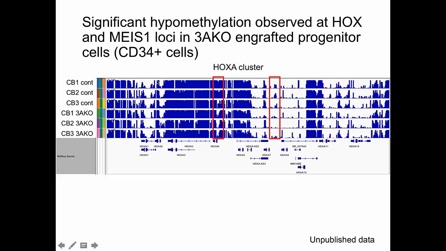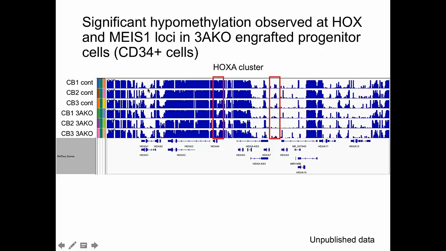So each of these blue bars here represents the methylation status at a single CpG site. And you're able to look across the entire genome and see what regions are fully methylated. This blue bar here would represent 100% methylation, and what regions are 0% methylation, which would be like a region here.